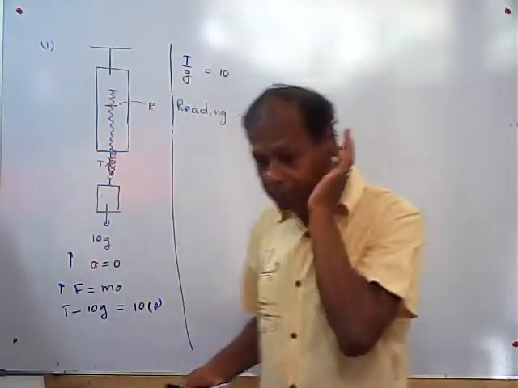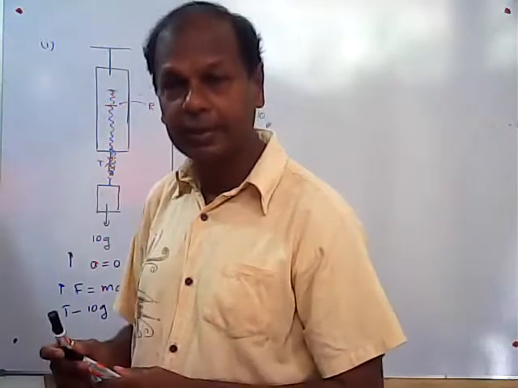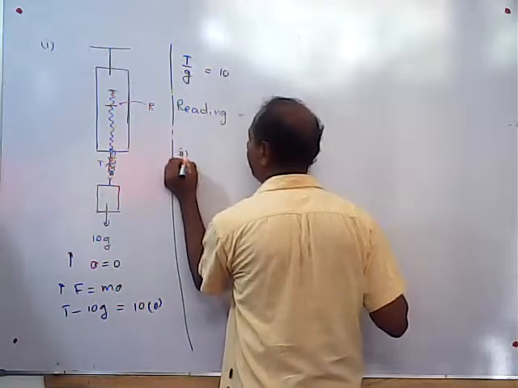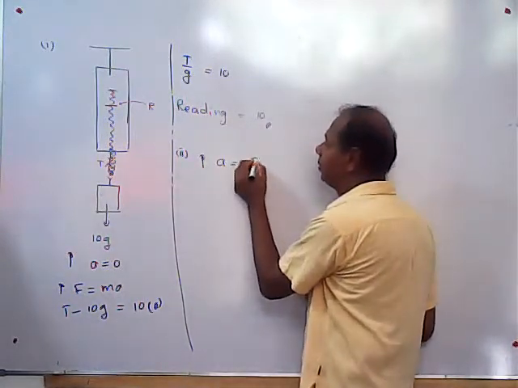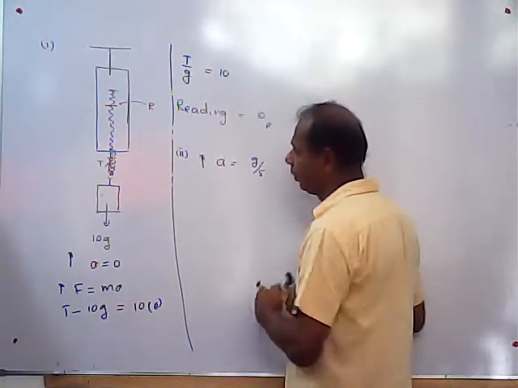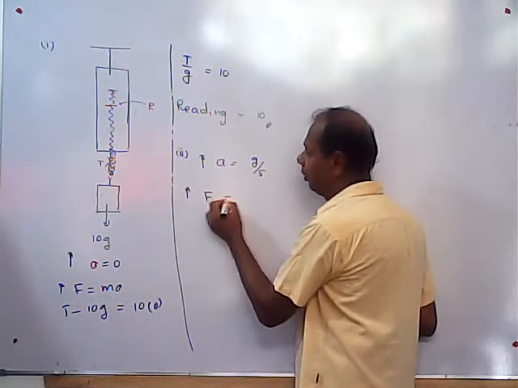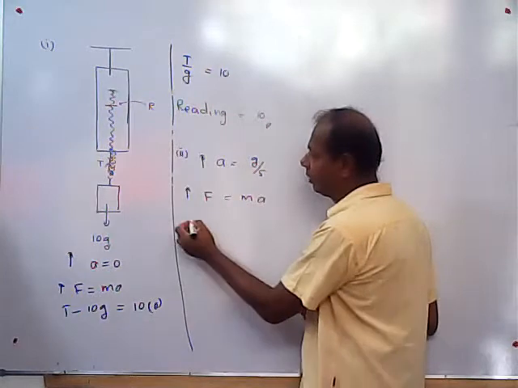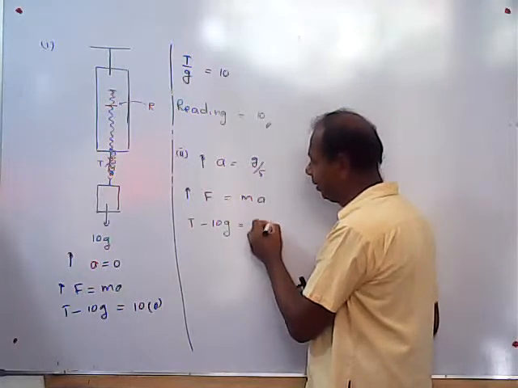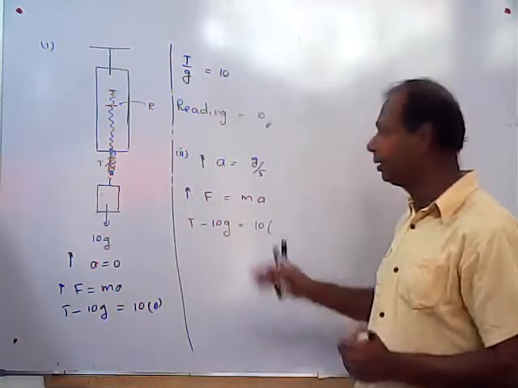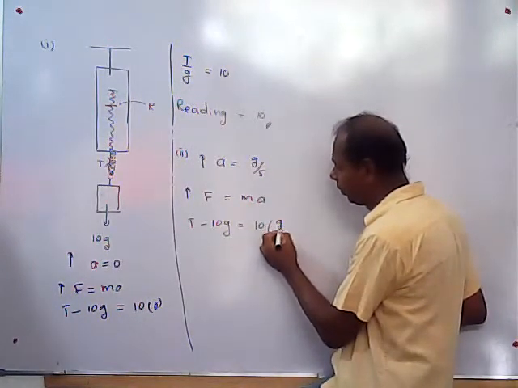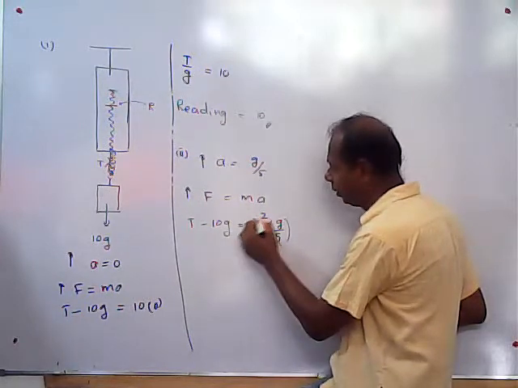Part 2, it's going up at acceleration g over 5, so upwards the acceleration is plus g over 5. Let's apply F equals ma upwards. T minus 10g equals m, which is 10, times the upward acceleration g over 5, which gives 2g.